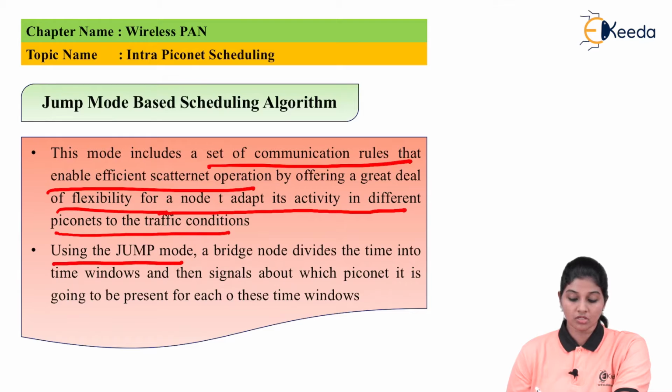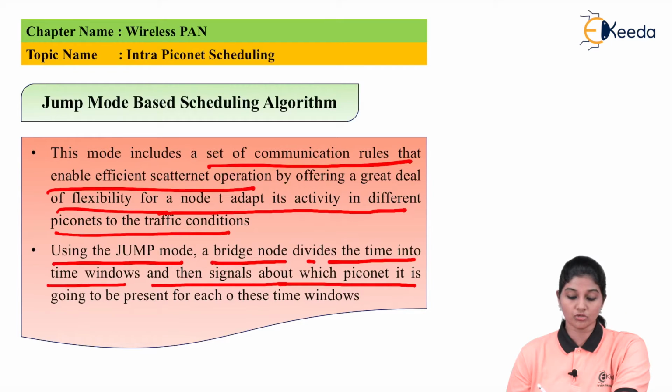Using JMP mode, the bridge node divides the time into time windows and then signals which Piconet it is going to be present in for each of these windows.